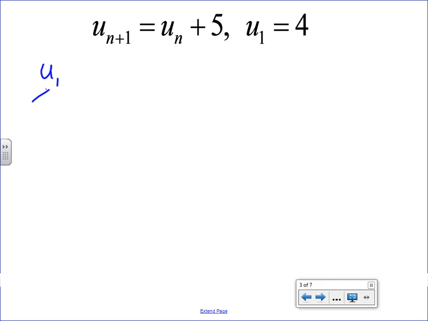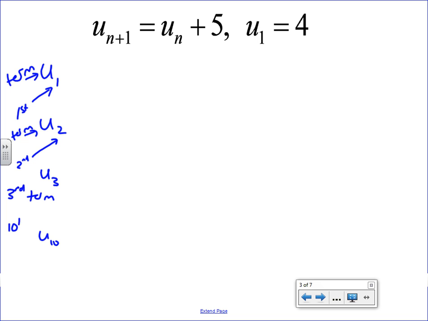This little 1 down here means first, and the u sort of means term. We usually use u for a term. So u2 would be the second term, u3 would be the third term, and u10 would be the 10th term. That's just the 10th number that occurs in the list of the series.